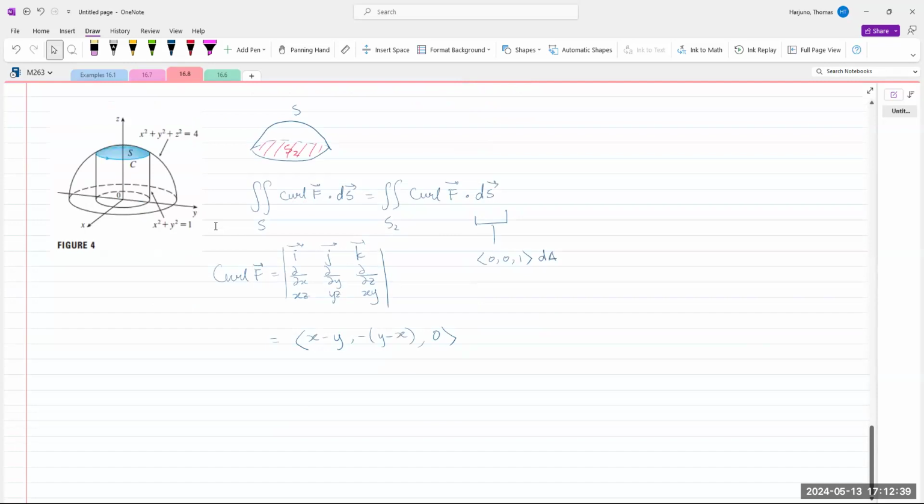Okay, now you see this is ugly, this is nice, not so nice. But when we do the dot product, let's see what happens. When we do the dot product, right?